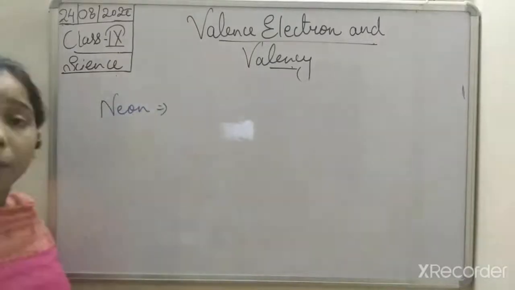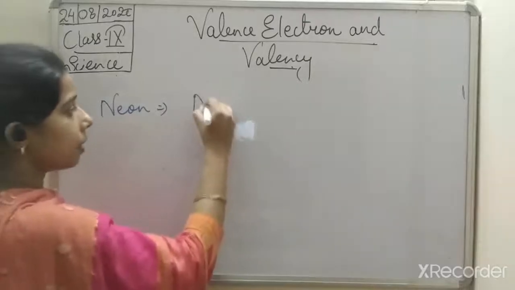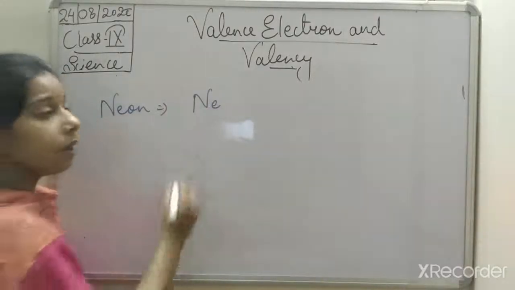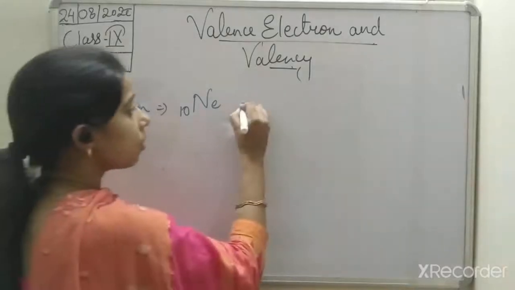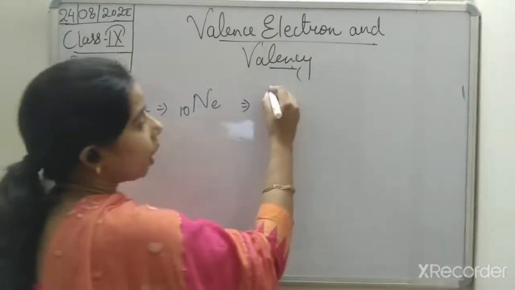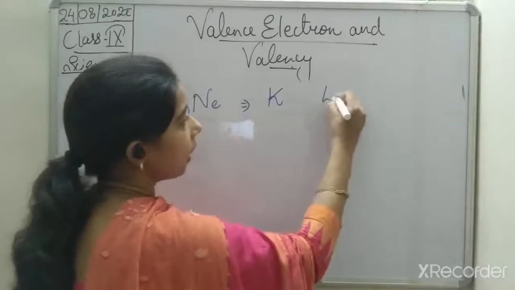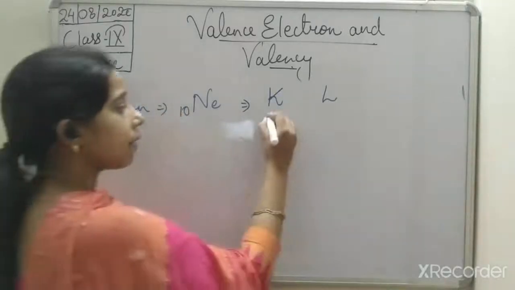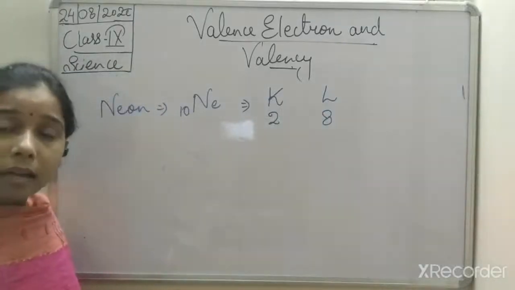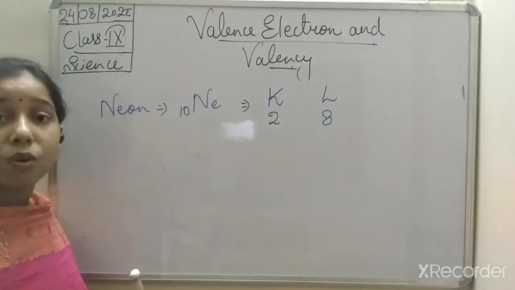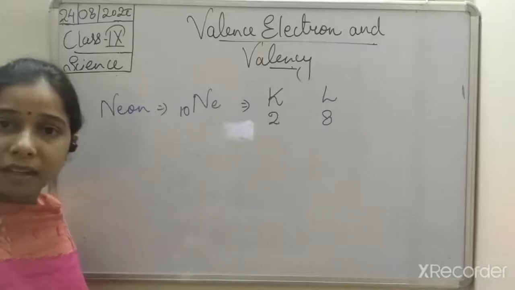So what is the atomic number of neon? Neon is represented by Ne, students, and the atomic number of neon is 10. So you see here, students, what will be the electronic configuration? K and L. K has 2 electrons, L has 8 electrons. The last shell in which the electrons enter is the valence shell.